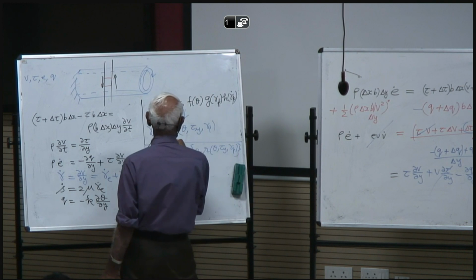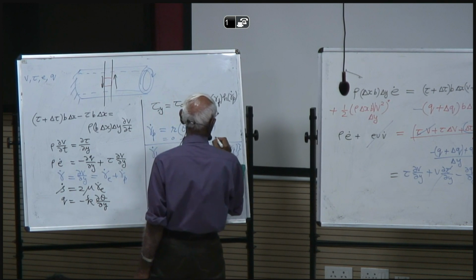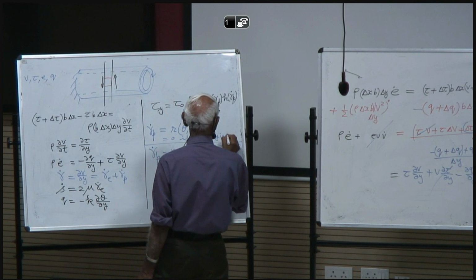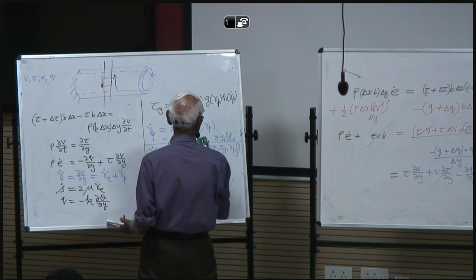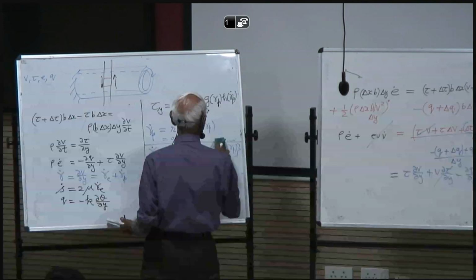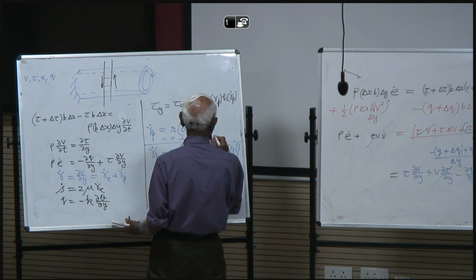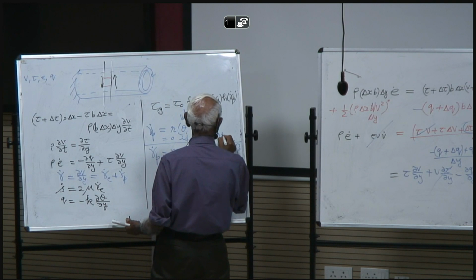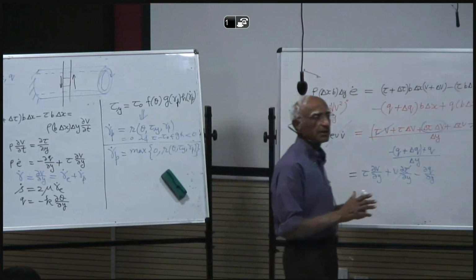And this is 0 if tau is less than the yield stress. Basically, if tau minus tau 0, f, g, and h is less than 0, then my gamma p dot is 0.